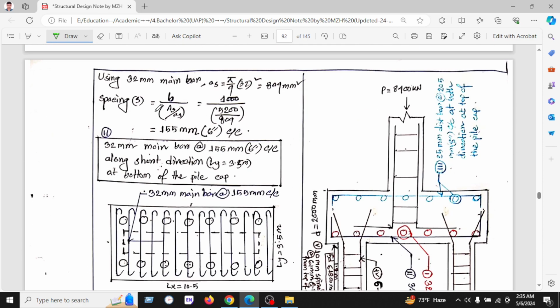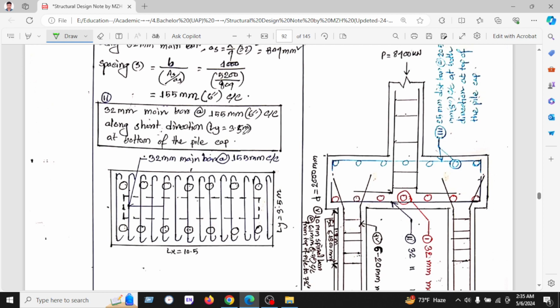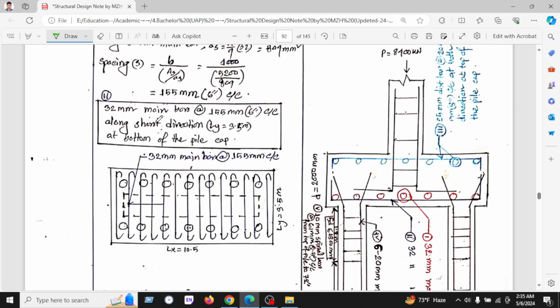For spacing, we have used a 32 millimeter bar again. The area of a 32 millimeter bar is 804, and spacing will be the bar area divided by As, and we have found 155 millimeter, which is 6 inches. So we can use a 32 millimeter main bar at the rate of 6 inches center by center in the short direction, which is Ly, at the bottom of the pile cap.